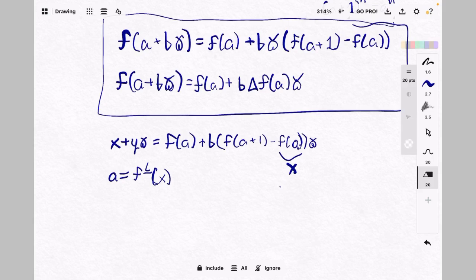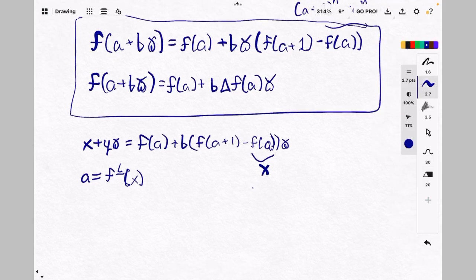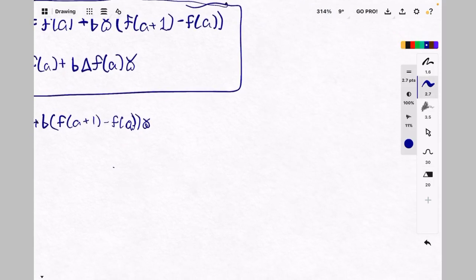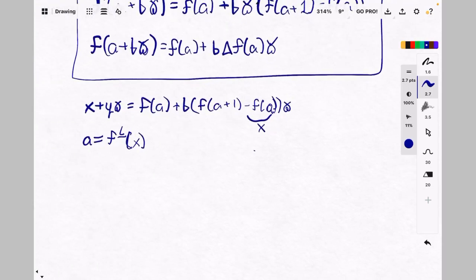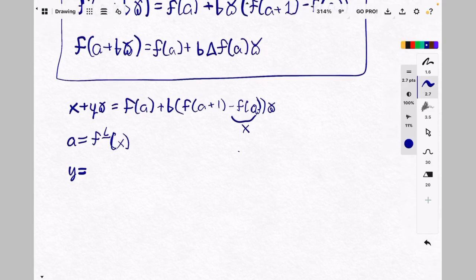So now to find b, we got to remember that this, again, is x. So let's do y equals (f of a plus 1 minus f of a) times b.